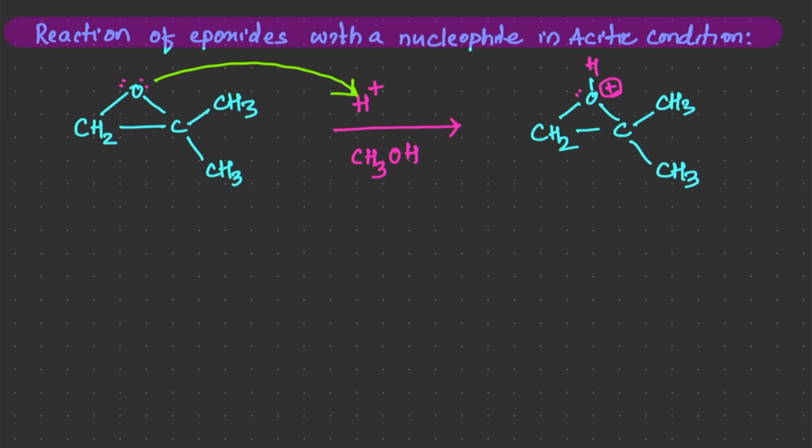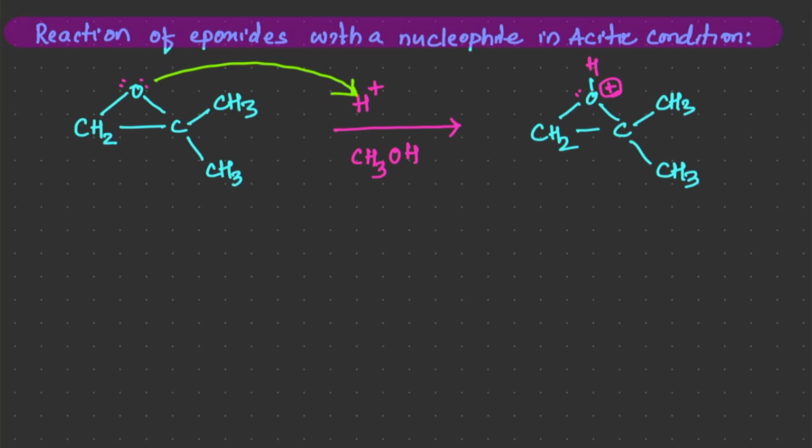So what is happening here? Now oxygen has 3 bonds. So what should be our next goal? Our next goal should be to neutralize the positive charge on oxygen. And we can do that by bringing these 2 electrons here or by bringing these 2 electrons here.